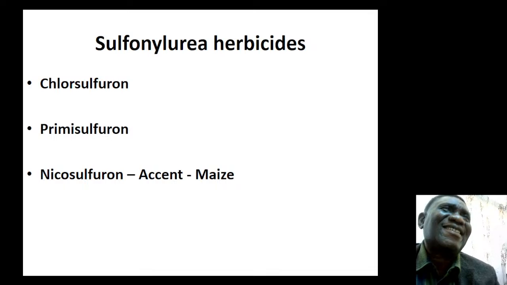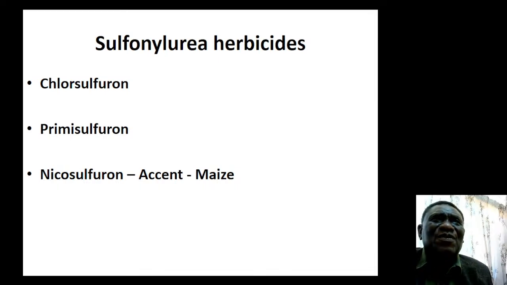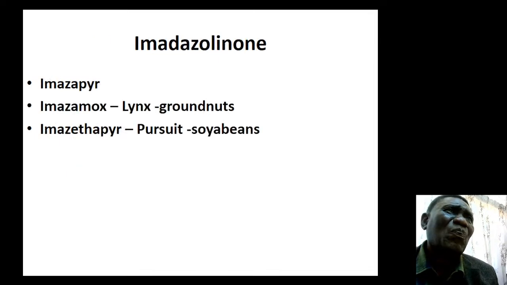Sulfonylurea herbicides, we have chlorsulfuron, primisulfuron, but nicosulfuron is easy to remember because it is commonly used in maize to kill itchgrass. It's known as Accent. Imidazolinone, we have imazapic, imazamox, Lightning in groundnuts, or imazethapyr, Pursuit in soybeans. I indicated there could also be imazaquin.